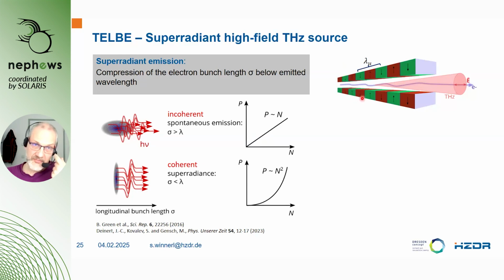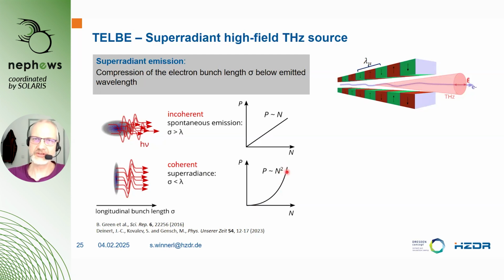How does it work? Well, if an electron bunch travels through this undulator, if the bunch is long, then it would emit incoherently, and this is not what we want. But if the bunch is shorter than the wavelengths we want to generate, then there's coherent superradiance, and then the power scales up quadratically with the number of electrons in the bunch.